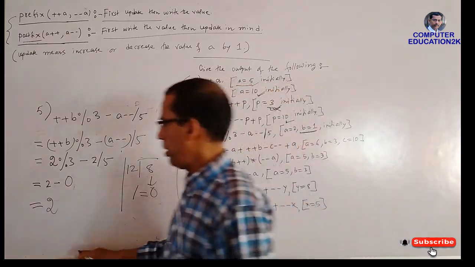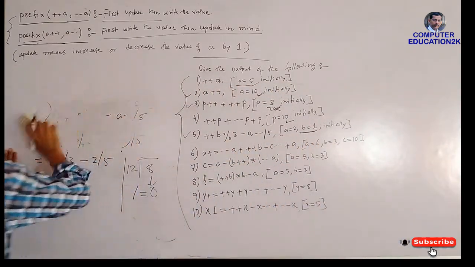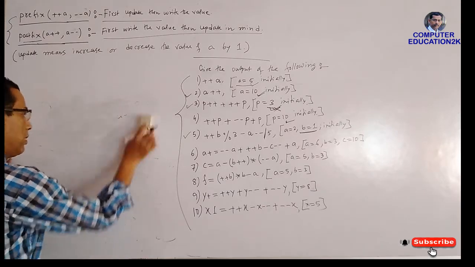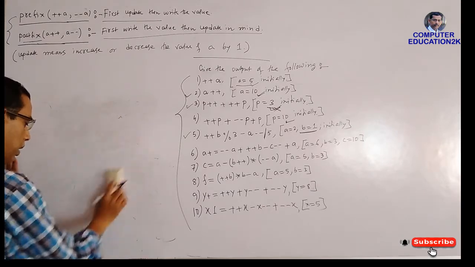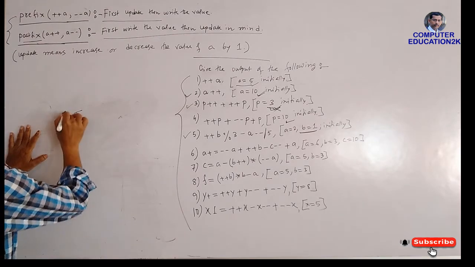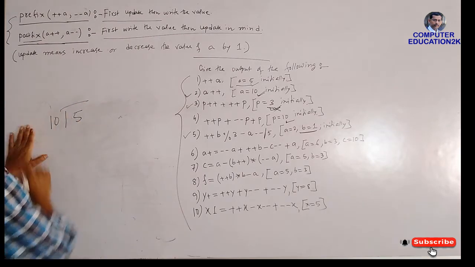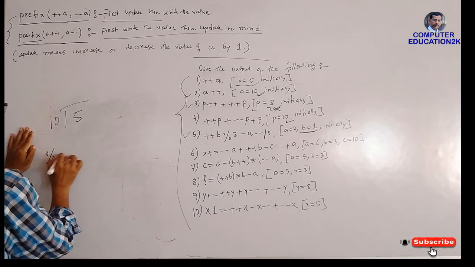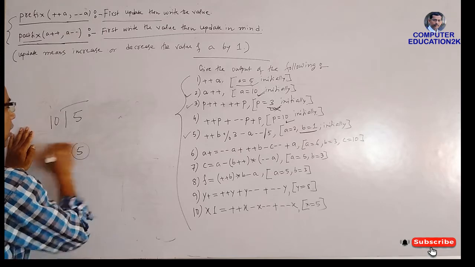Only 2 things you have to remember here while solving this kind of expression. If you divide a smaller number by a bigger number and try to take the remainder, then you will take the smaller number only.